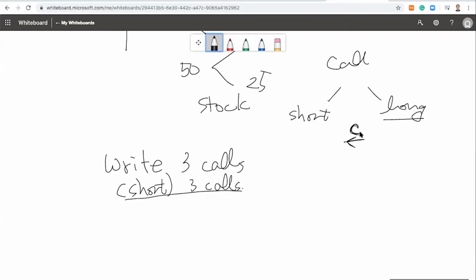And each one is $3. So from the cash flow point of view, I can get 3 times C. And it turns out C is 25 later. But at the beginning, we do not know this value. But let's suppose it's $25.